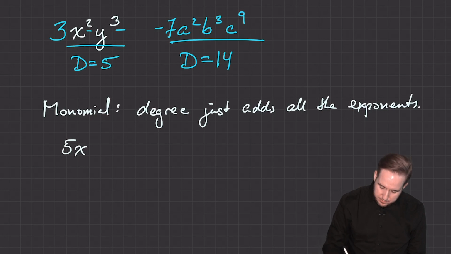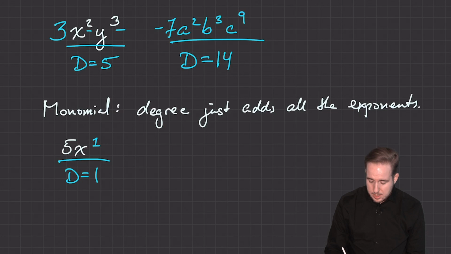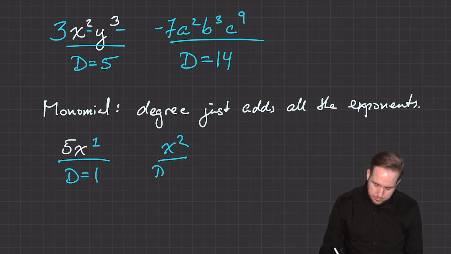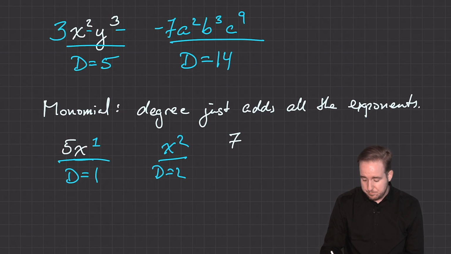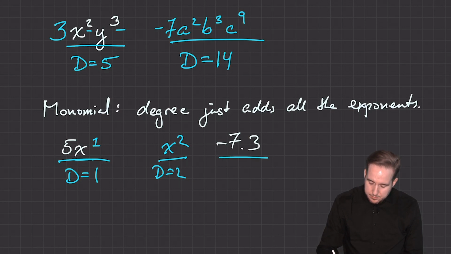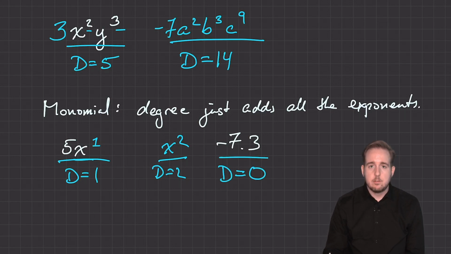Well, there is an invisible 1 here, so the degree of that is equal to 1. And if you think about it, if x squared would have a degree of 2 and x by itself would have a degree of 1, if I take that away and I just put a number like, say, 7, just pick any number I want. I could even make it a decimal. All right. I could even make it negative. It doesn't matter. All of those have degree equal to 0.